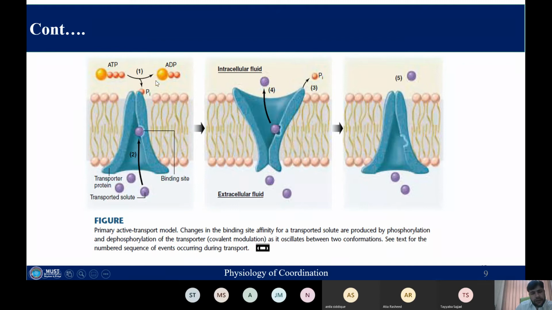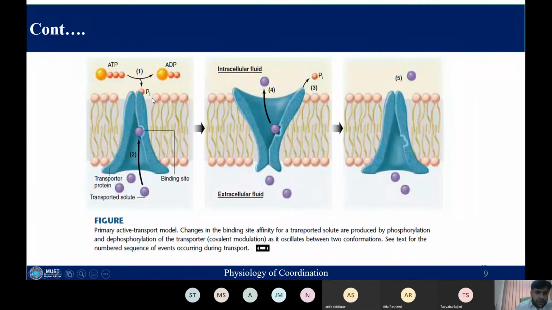Any energy source, for example, as all of you know, the mitochondria is the powerhouse of the cell. So this ATP might have been provided by the mitochondria, which is present in the cytoplasm or on the inner side of the cell.